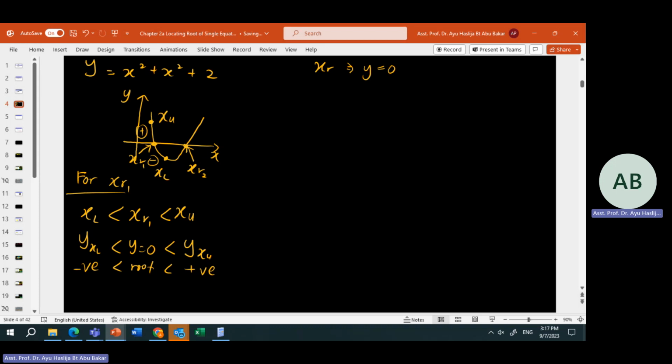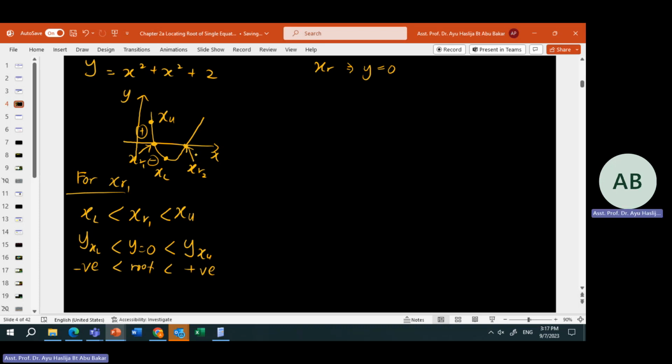Usually the range will be in different signs, one positive, one negative, in two different regions, because we want to find the X at Y equals 0.